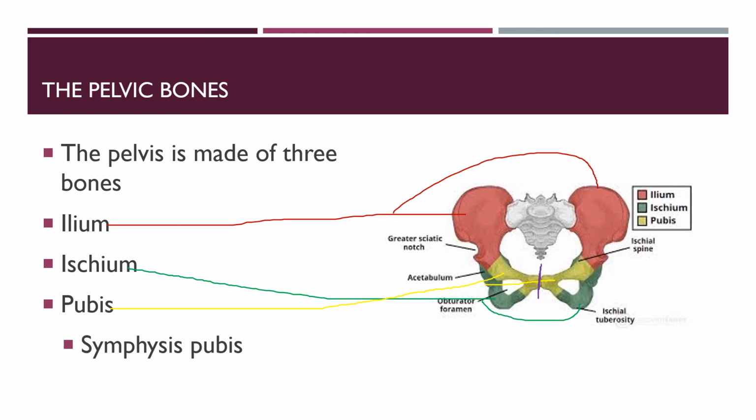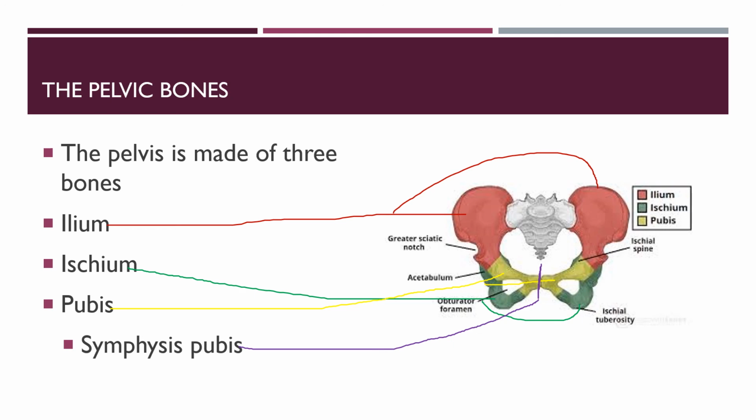Now, this is, for the most part, not a movable joint, but in pregnancy, this joint kind of relaxes to allow a little bit of give in the pelvis for childbirth. And this joint is called the symphysis pubis. Symphysis means to join together, and pubis for the pubis, the pubic bones. So it joins together the pubic bones.